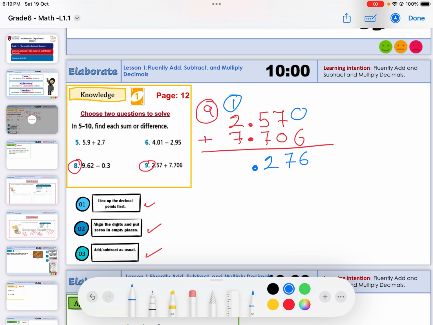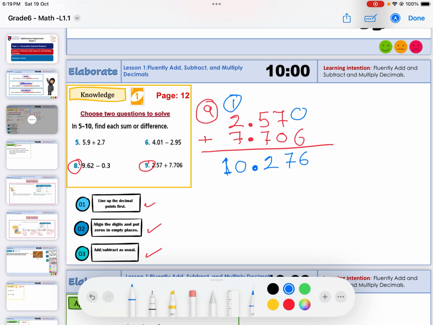And then let's continue adding. 1 plus 2, that's 3. 3 plus 7, and that is a 10. As you can see, I kept the 10 down, as here I have no more digits left to give the 1 to regroup. So I'm done. So my final answer will be 10.276. Okay? I hope it's clear regarding addition.